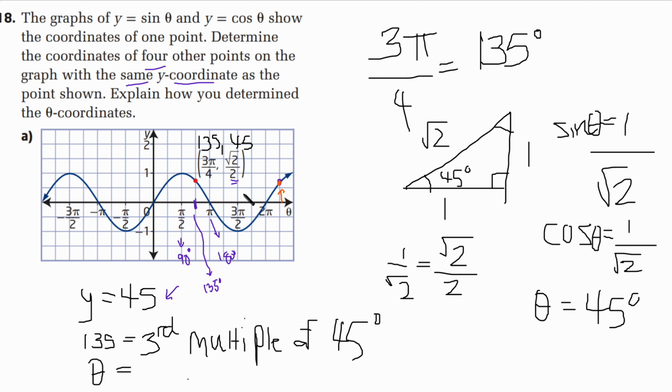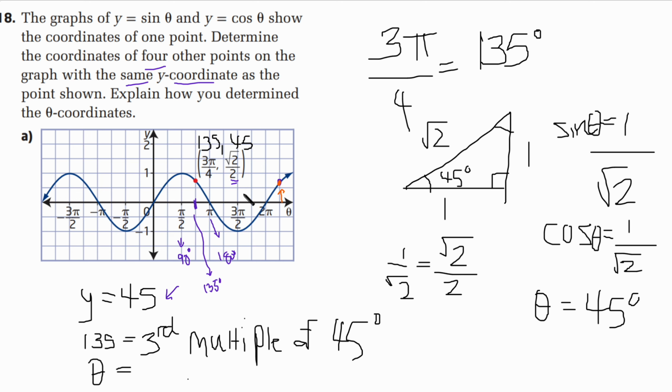Well, seeing as the difference, at least with what you got in purple, between 90 and 135 was 45. If you do 135 minus 90, you get 45. And if you do 135 plus 45, you get 180.